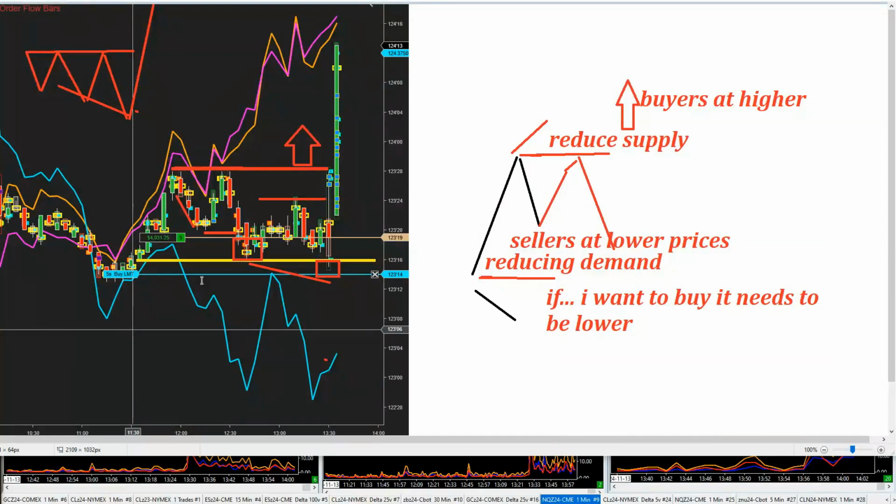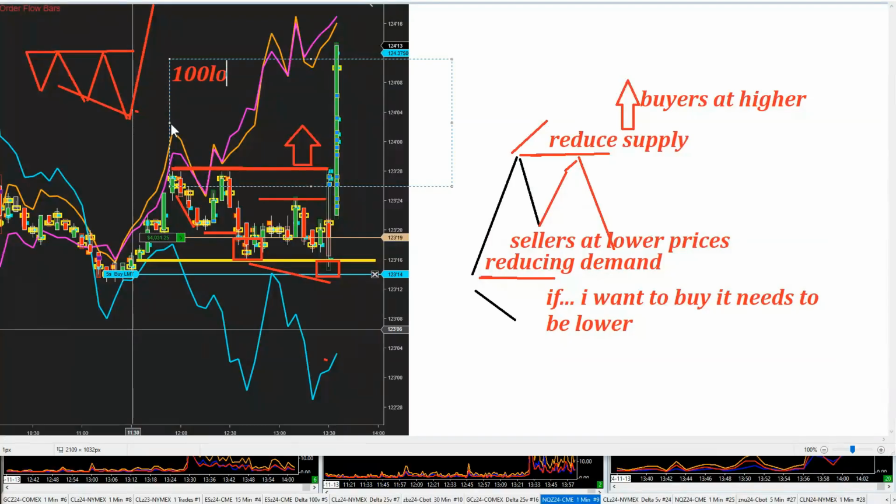So there's no debate about this. So let's assume there's 100 lots on the buy and there's 100 lots on the sell, right? So that's the universe of total contracts, okay?